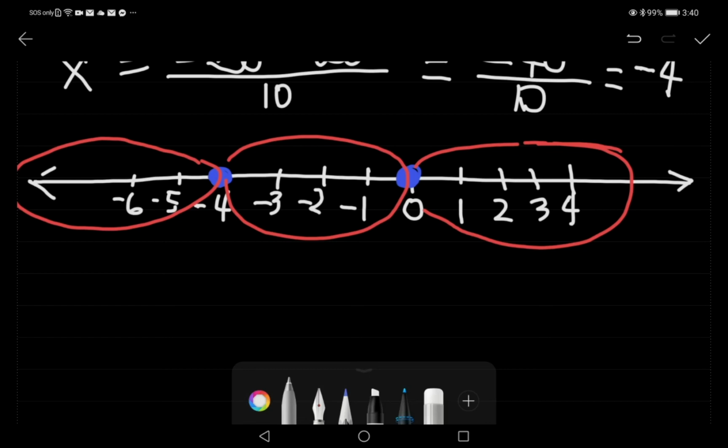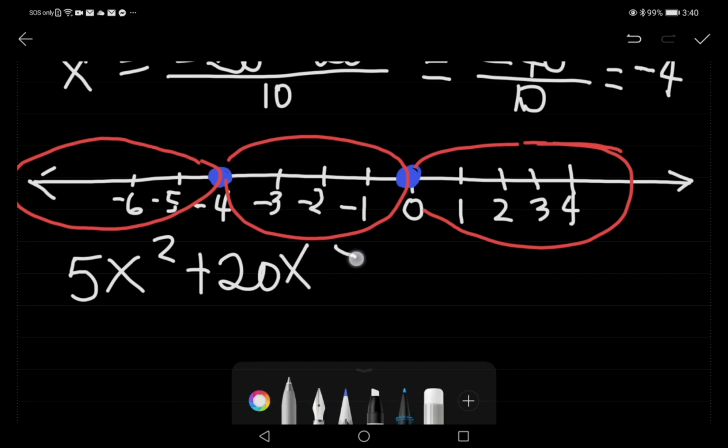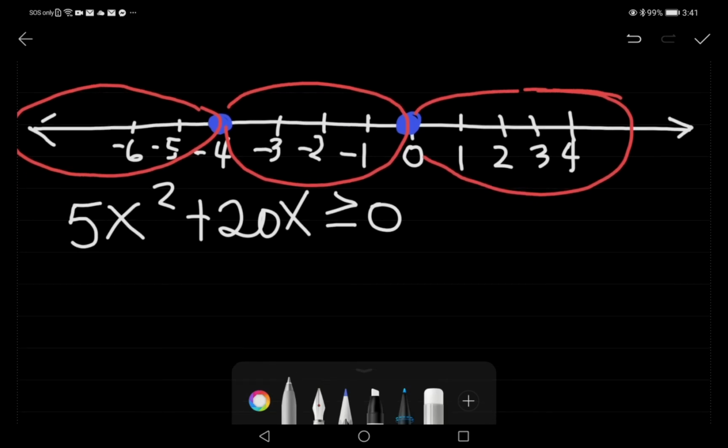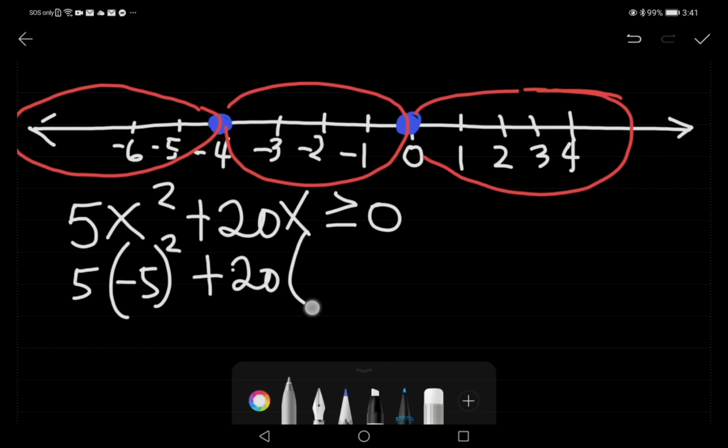Ato sa isulat ang given inequality. 5x squared plus 20x is greater than or equal to 0. So, atong i-substitute, pili ta og negative 5. Substitute nato sa x, 5 times negative 5 squared plus 20 times negative 5.